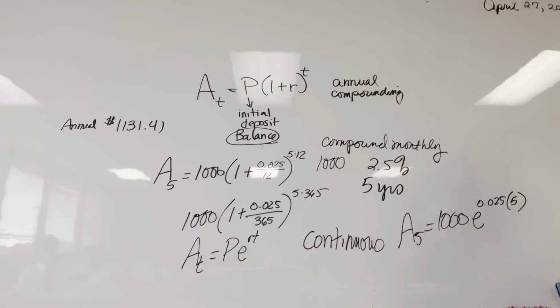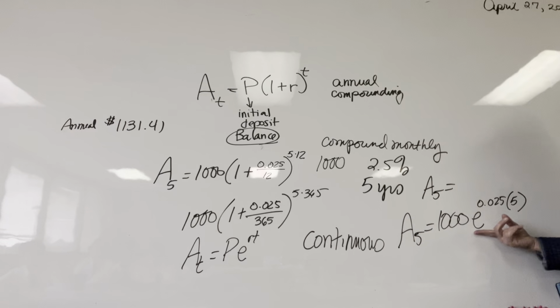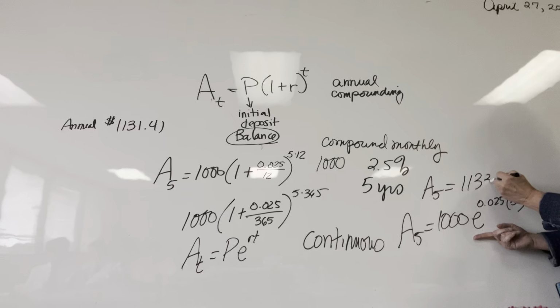And what do you get when we have continuous compounding? Oh, I did something wrong. Come on, we need more than one person doing this. I got math error. I got syntax error. I got 1,133.15.